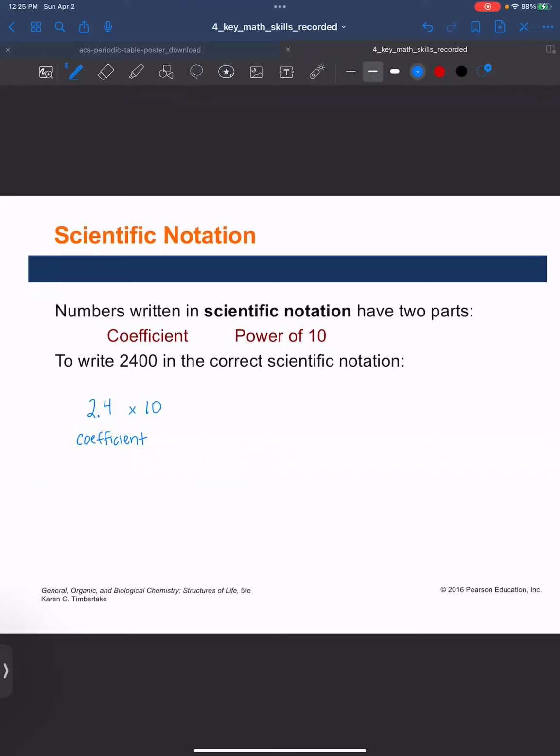And now we have the power of 10. So what I like to do is I take the original number and I put my decimal point here, and then I see how many spaces I have to move to the right to make it that big. So in this case here, I had to move it 1, 2, 3. And so it's 10 to the 3rd.